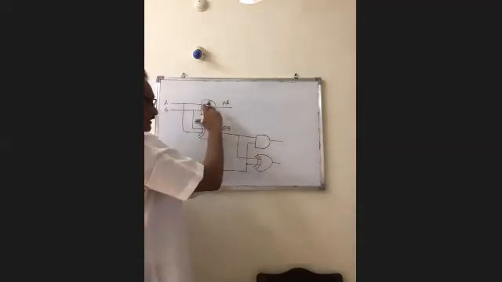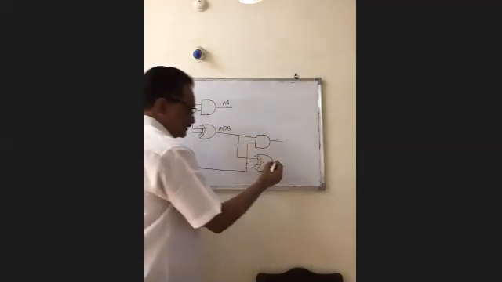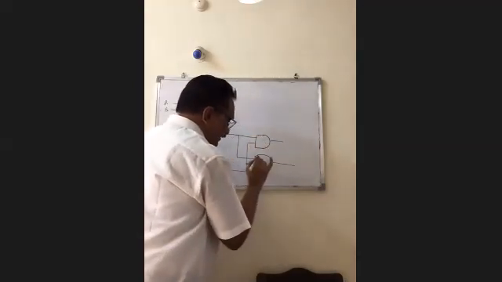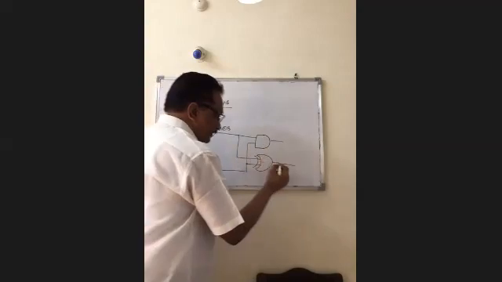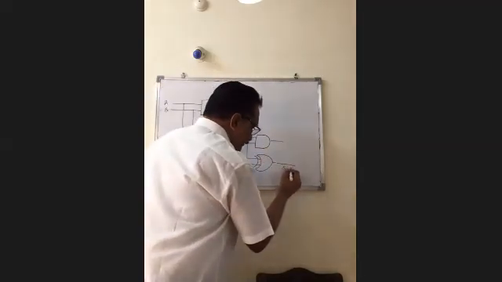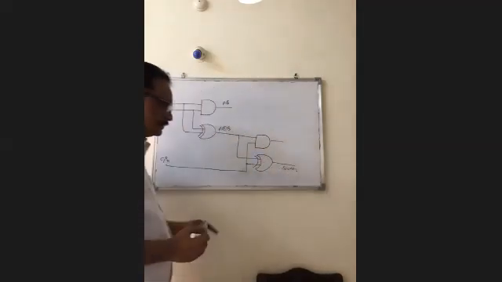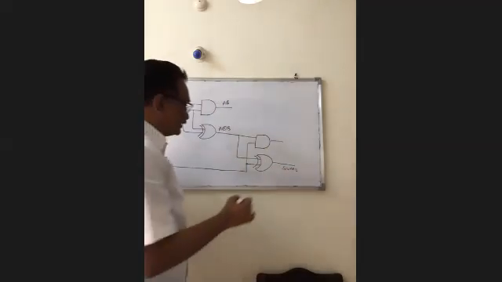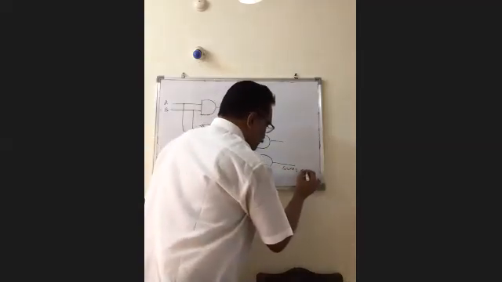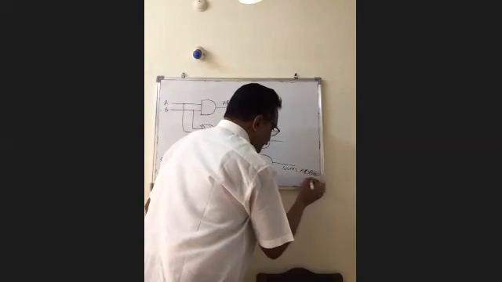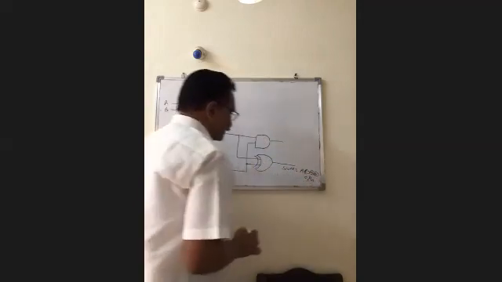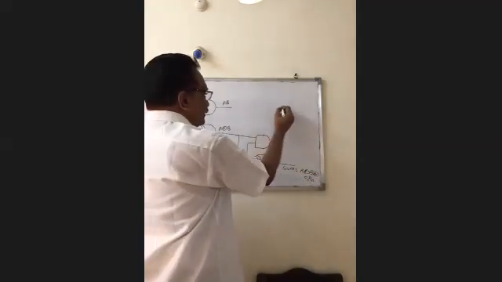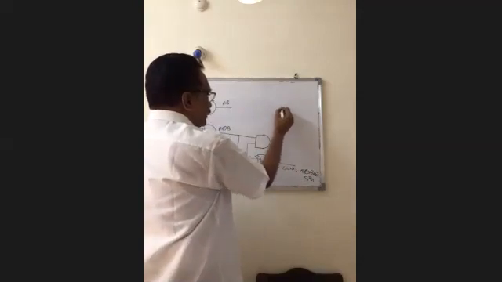The second half adder's sum output is the sum output of the full adder, which is A exclusive OR B exclusive OR C. To produce the final carry output, it requires one more OR gate.